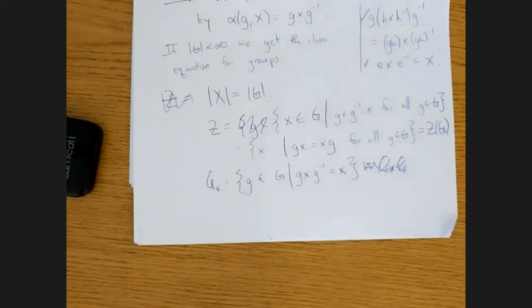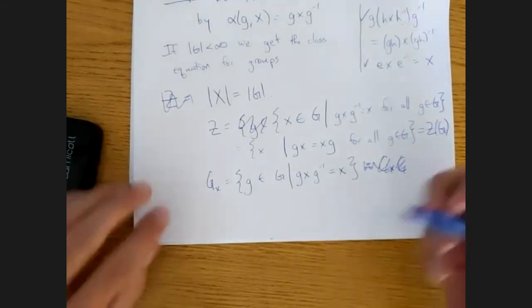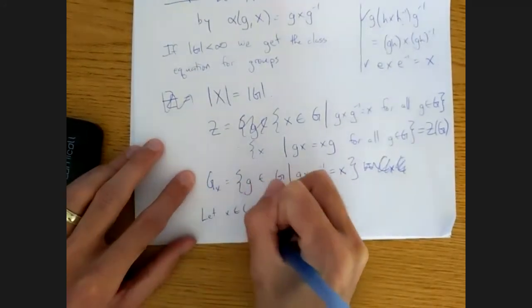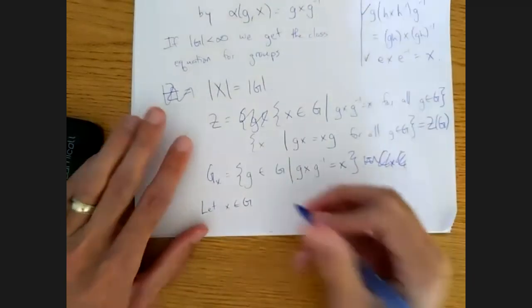Okay. So, and then what's the orbit of X under G? What is the orbit, right?